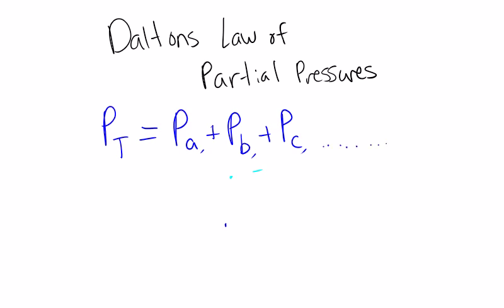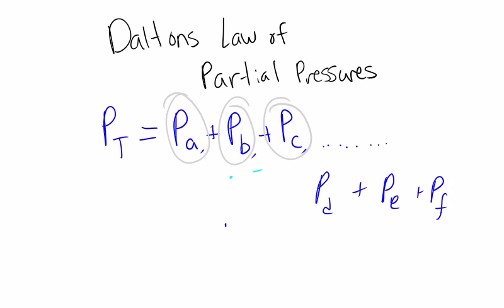Lots of times you see it written with dots after that, because if you have 4, 5, 6, you would continue on with the pressure of D plus the pressure of E plus the pressure of F. So this is Dalton's law of partial pressures, and it helps us to calculate the partial pressure of all of the gases. Each one of these is an individual gas, and if we add all of them up, it's going to give us the total pressure.